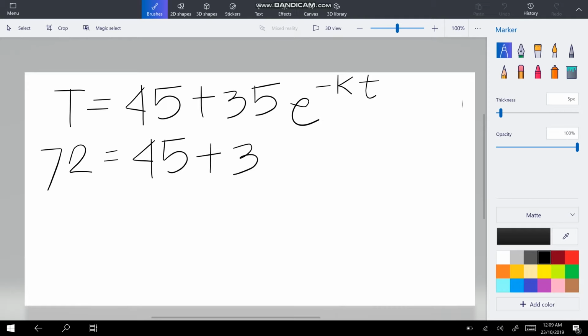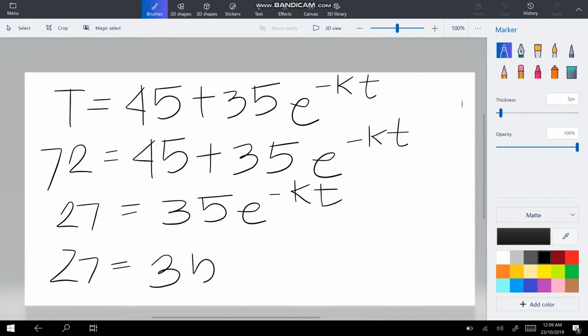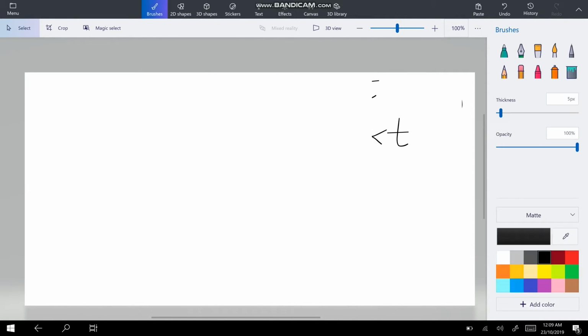So at this point we've got 72 equals 45 plus 35 times e to the minus 10k, putting 10 in for t. We subtract 45 from both sides, so 27 equals 35e to the minus 10k. We divide both sides by 35, so 27 over 35 equals e to the minus 10k.